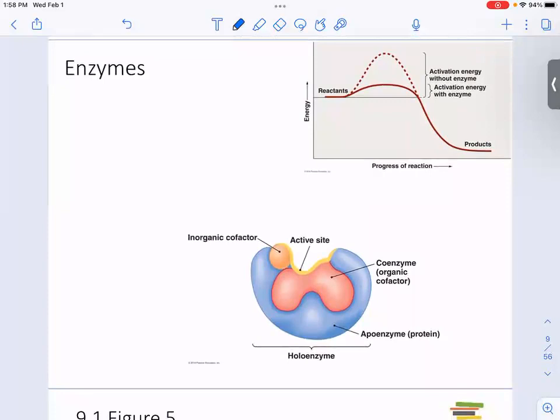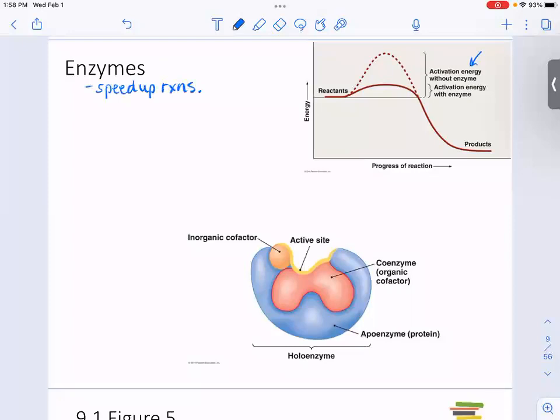Also want to review a little bit about enzymes. So, a little terminology. You know what an enzyme is? An enzyme is going to speed up some reaction. The way it's often described is that enzymes lower the activation energy necessary for a reaction to take place. Some of these reactions would take place anyway in the cell, but they would take place so slowly that it wouldn't support life.